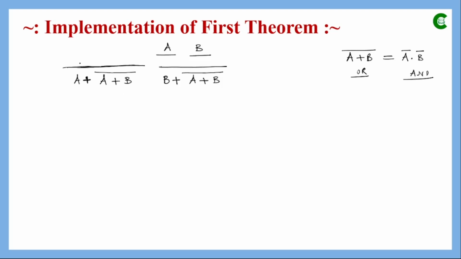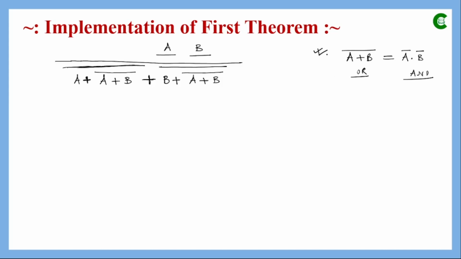Then the outputs of these two NOR operations are separately two Boolean variables, and between them I perform another NOR operation: first OR and then NOT on the whole operation. This is our whole Boolean expression.